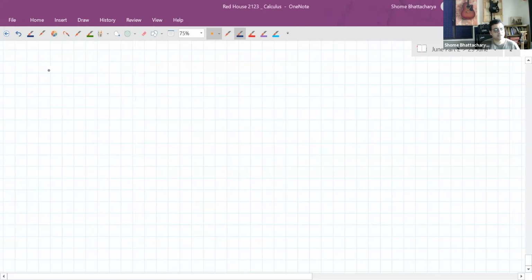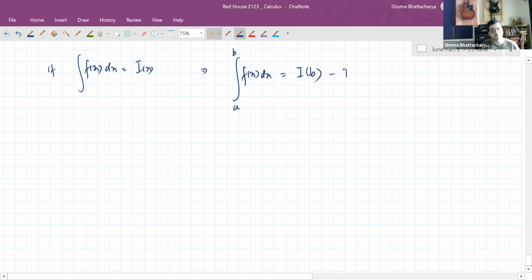The idea is that if we know the indefinite integration of this function is this antiderivative, then the value of the definite integration is given by the value of this indefinite function at the upper limit minus the value of the indefinite function at the lower limit. Okay.